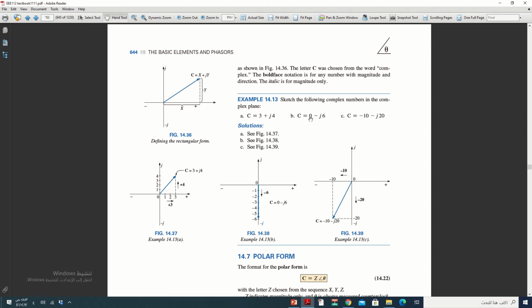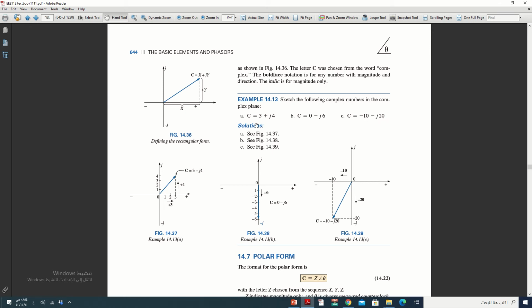Here c equals 0 minus j6. You can write this number without writing 0, but here to show you there is no real number, only the imaginary number, which is minus j6. Last one, minus 10 minus j20.